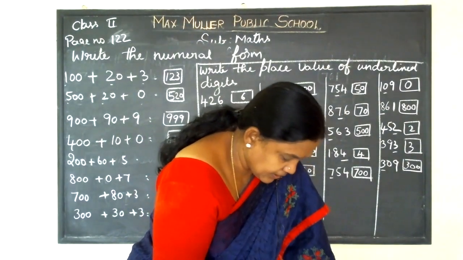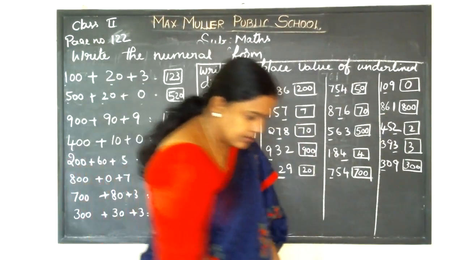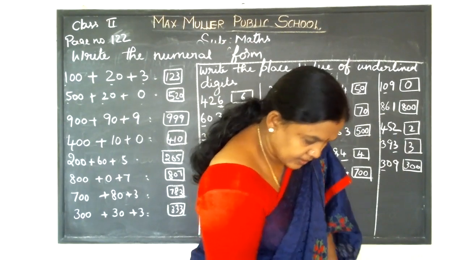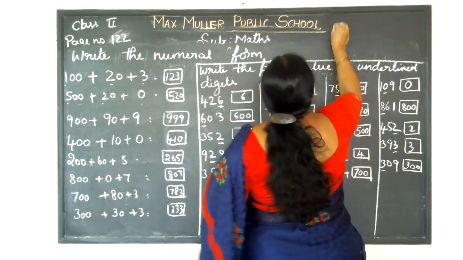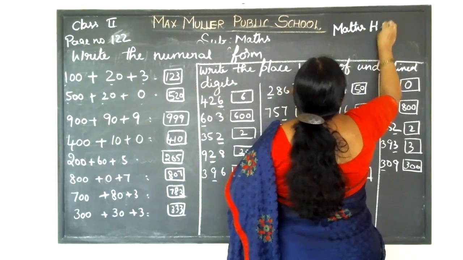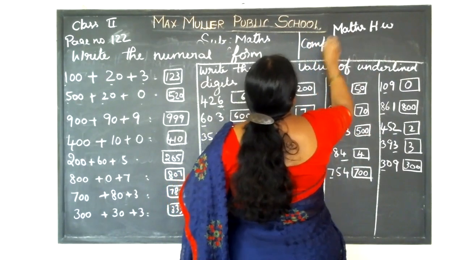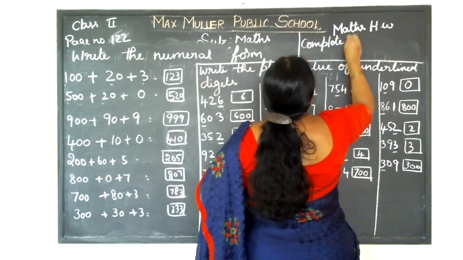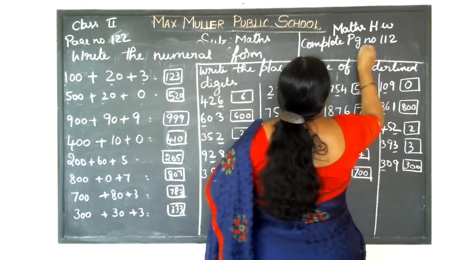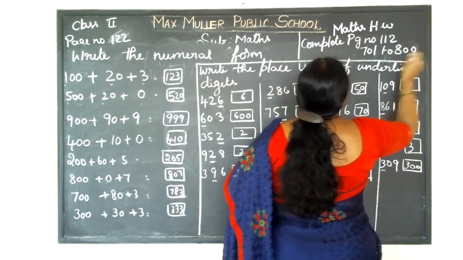Now, page number 112. See, maths homework. Complete page number 112, that is 701 to 800 in the textbook.